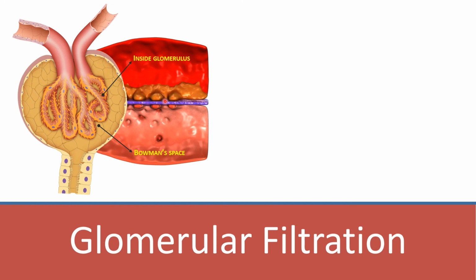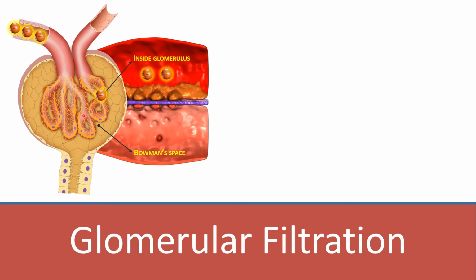Well, these gaps are absolutely perfectly designed to make sure that certain substances don't get into the Bowman space, because the minute they get in there, they're going to be passed out as urine. So let's give you some examples. We're going to use an example of blood entering the glomerulus, and in that blood we've got some albumin.